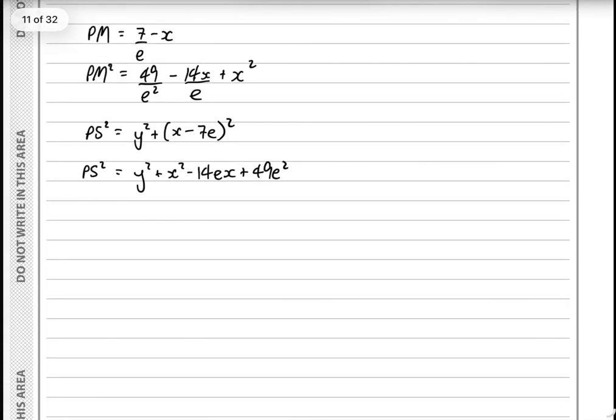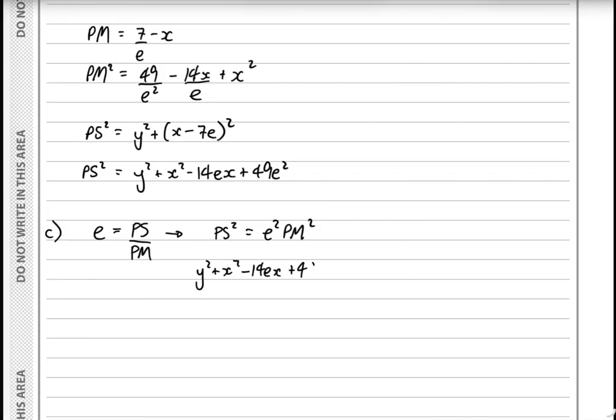So for part C, we're using what we've just done. e is equal to PS over PM gives us PS squared equals e squared PM squared, and we can use the expressions above. y squared plus x squared minus 14ex plus 49e squared is equal to e squared times 49 over e squared minus 14x over e plus x squared. That gives us 49 minus 14ex, which is great, that needs to cancel.